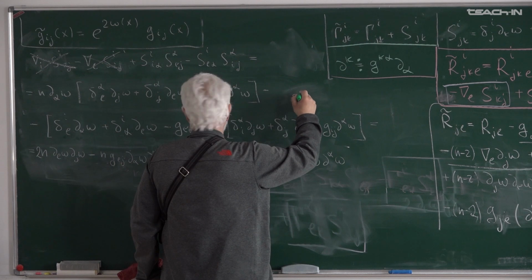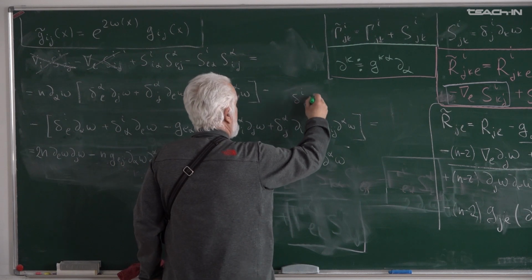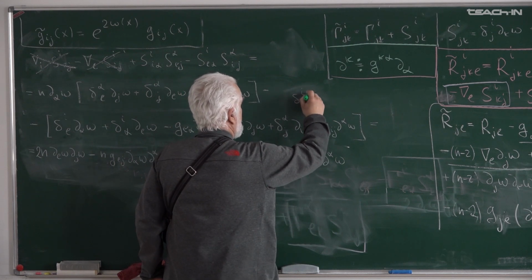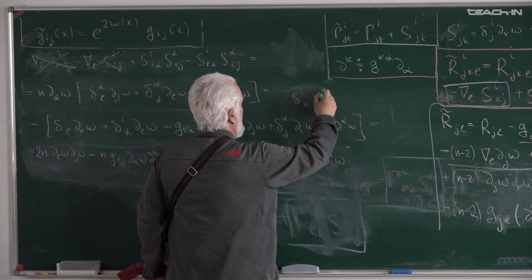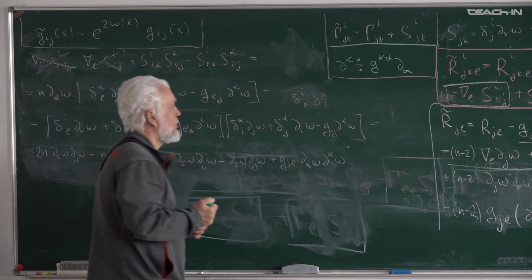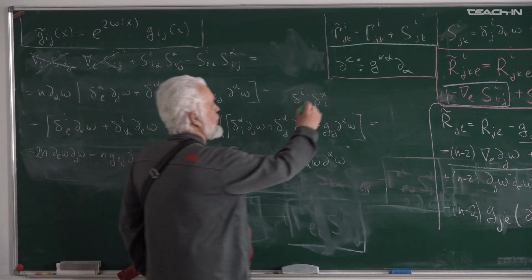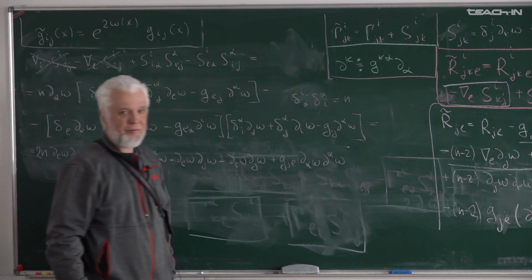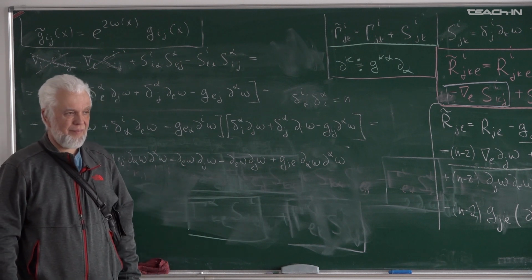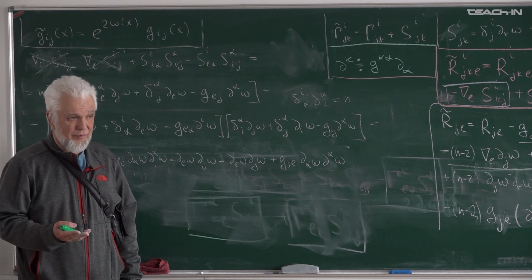Delta I alpha. Delta alpha I. First of all, we may assume it will be n. Is it necessary to explain it? You have n square terms.